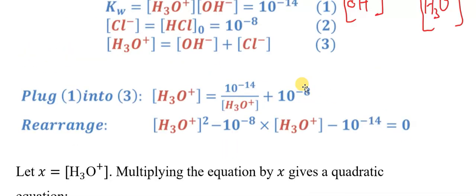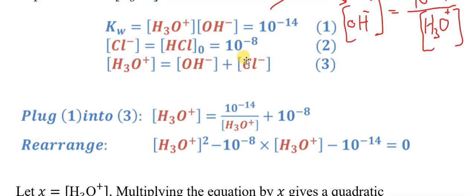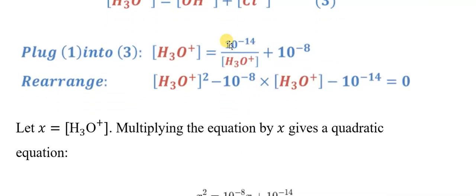The concentration of chloride ion is 10 to the power minus 8. If we put the values of hydroxyl ions and chloride ions from equation 1 and equation 2 into the third equation, the new form is 10 to the power minus 14 over hydronium ion plus 10 to the power minus 8. That's nice.